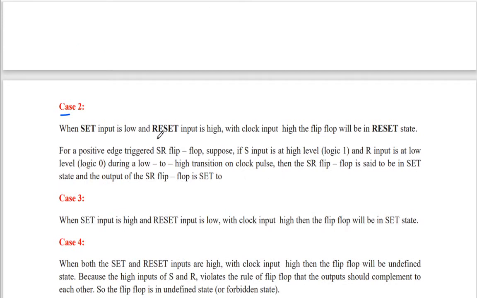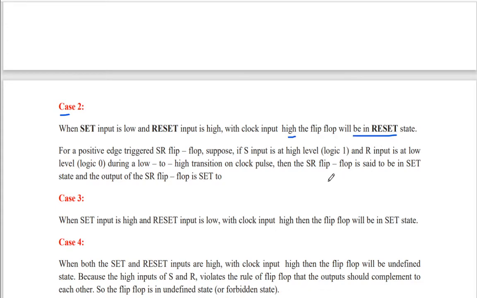When the S input is low and the R input is high, with the clock input high, the flip flop will be in which state? The reset state. So for a positive edge triggered SR flip flop, suppose the S input is high and the R input is low, during the low to high transition of the clock pulse, the SR flip flop is said to be in a set state.